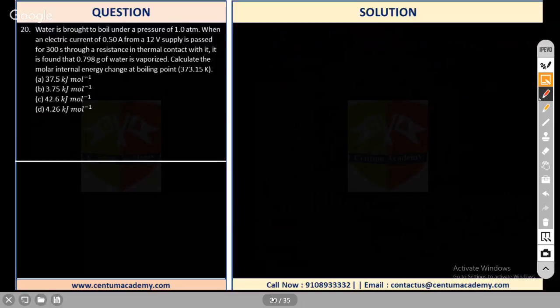I'll do this. You see, water is brought to boil under a pressure of 1 atmosphere when an electric current of 0.5 ampere from a 12 volt supply is passed for 300 seconds.